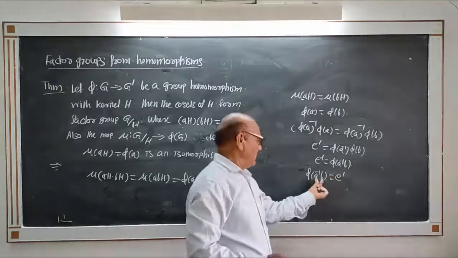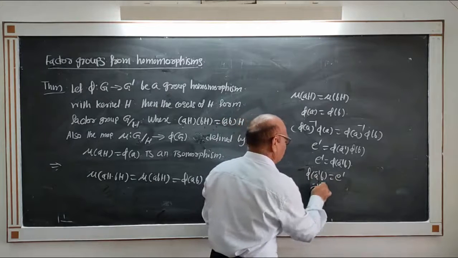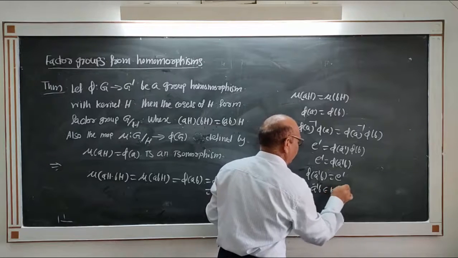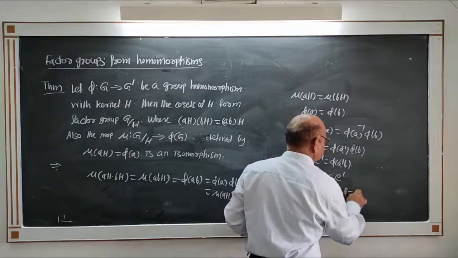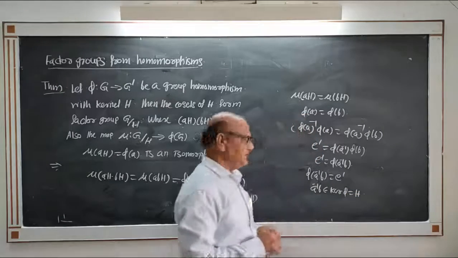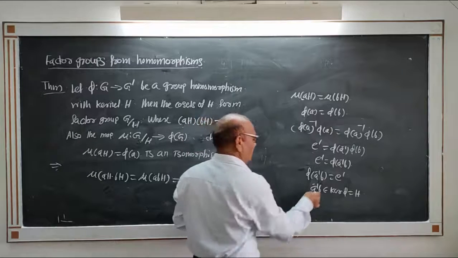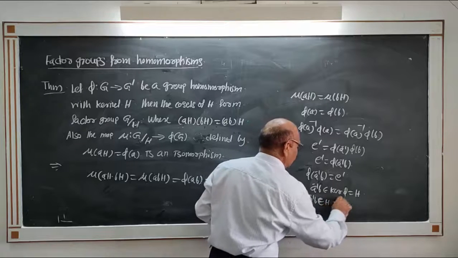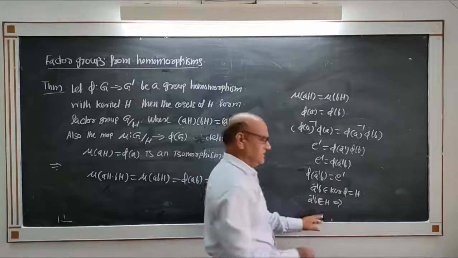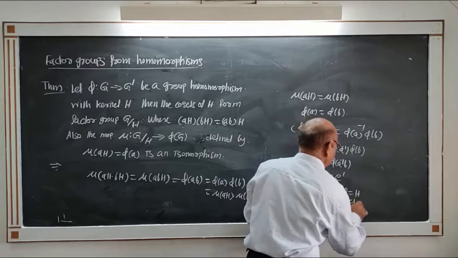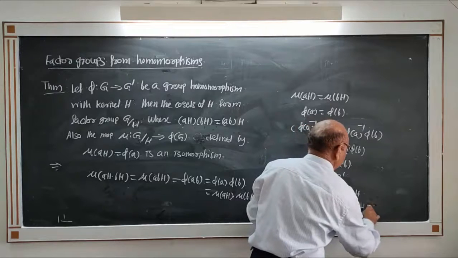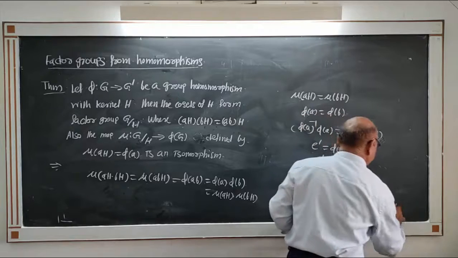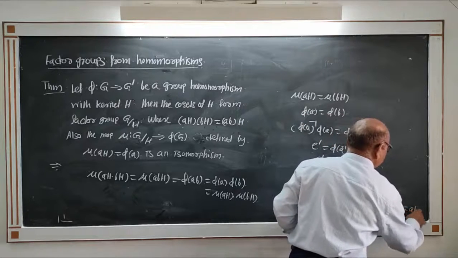That means this element A inverse B belongs to the kernel of phi, and the kernel of phi is H. Now A inverse B belongs to H. Therefore A inverse B H is equal to H, which implies BH is equal to AH.